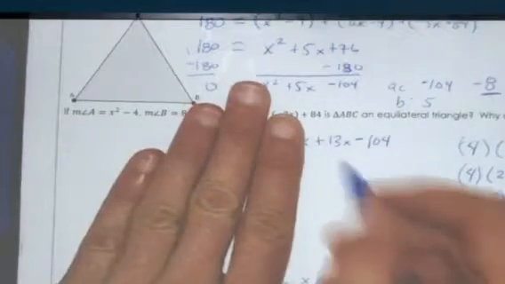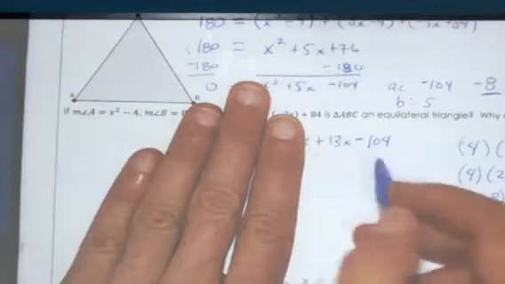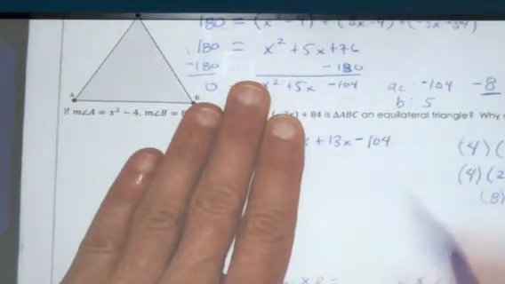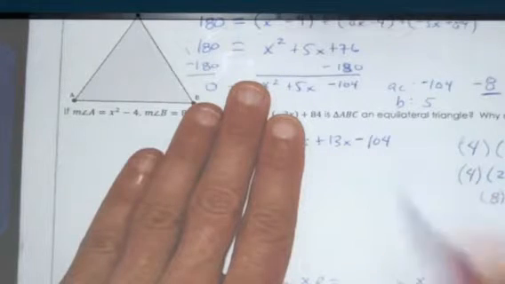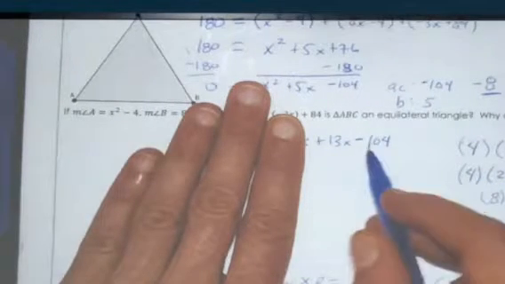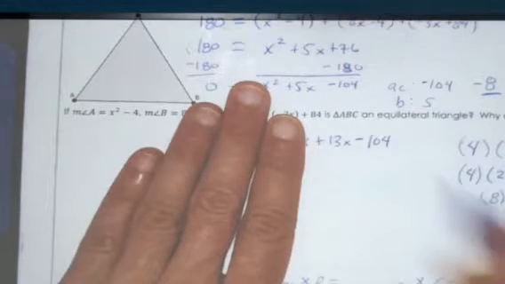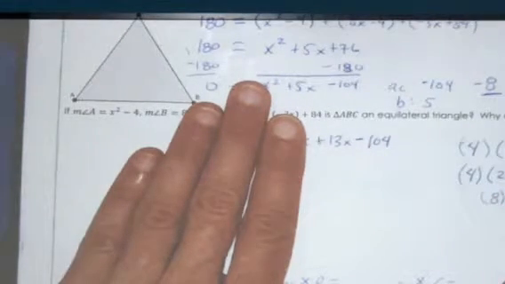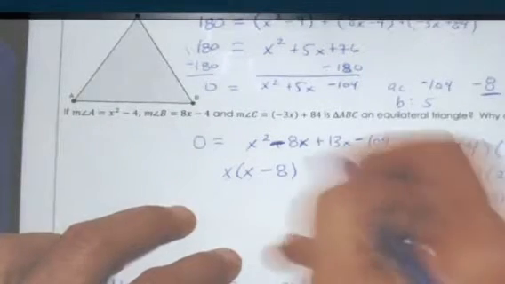So now we look at the second two terms, and we think about what we can factor out as a common factor here. 104 is kind of tricky to deal with, but you just figured out that 104 equals 8 times 13. So that means that 104 divides by 13, and that when we divide by 13, we're left with 8. So that means that 13 is our common factor.